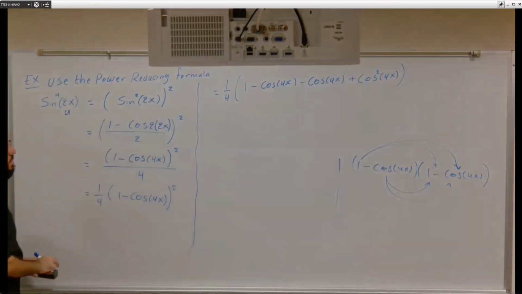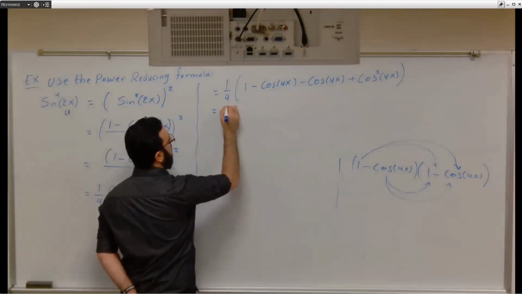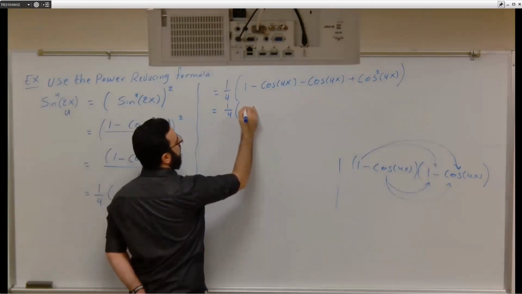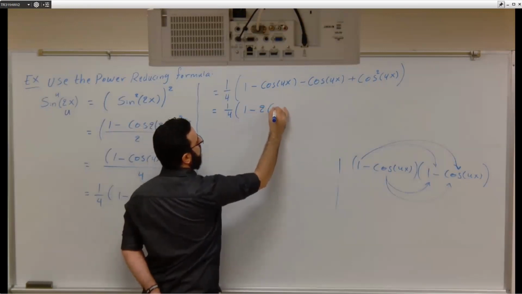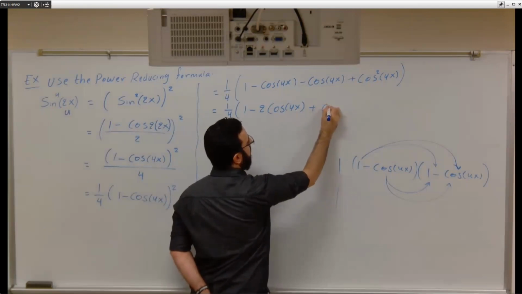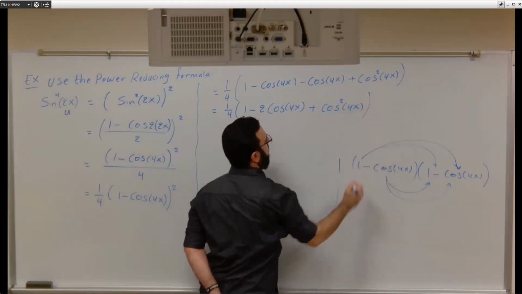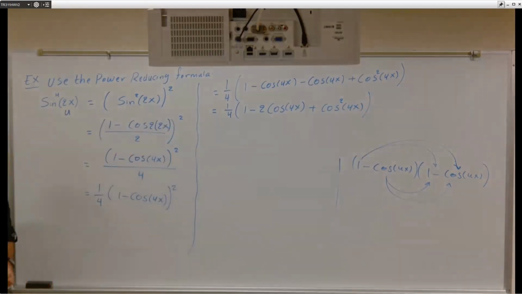What is the next step? Can I combine these together? 1/4, 1 minus 2 cosine 4x plus cosine squared 4x. I'm thinking about that.